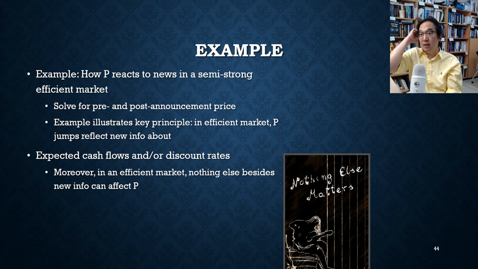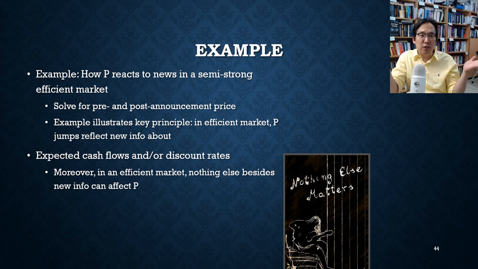And as I said before, neoclassical finance guys claim information is the only driver of price. Nothing else matters. And what kind of information is it? Cash flow or risk of the companies. All kinds of fancy news, whatever stories about the news.